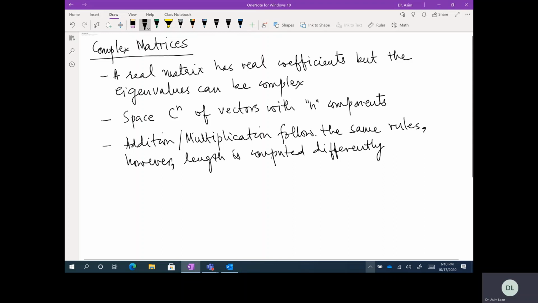For example, 1 plus iota: this is the magnitude of 1 squared plus the magnitude of iota squared. If you recall the norms that we talked about in chapter 3, this is simply the same definition. The magnitude of 1 is 1, and the magnitude of iota is 1, so this is 2.